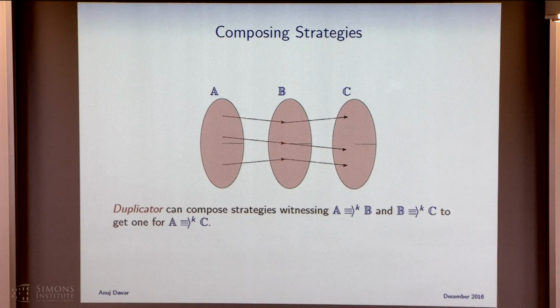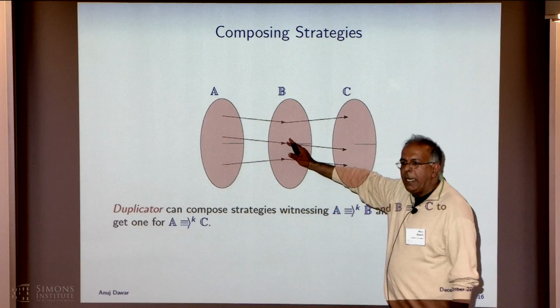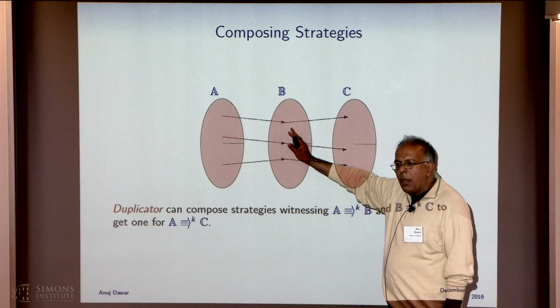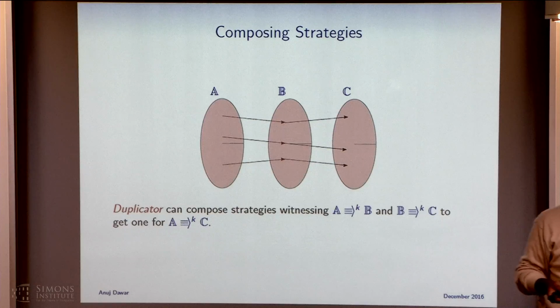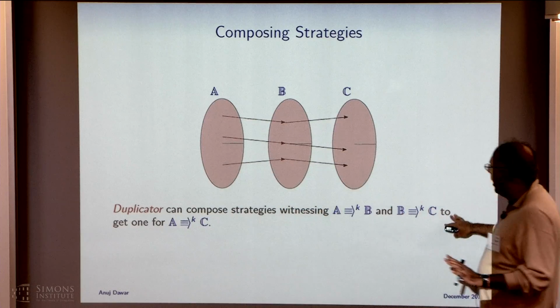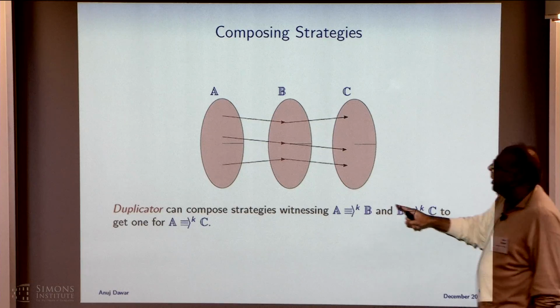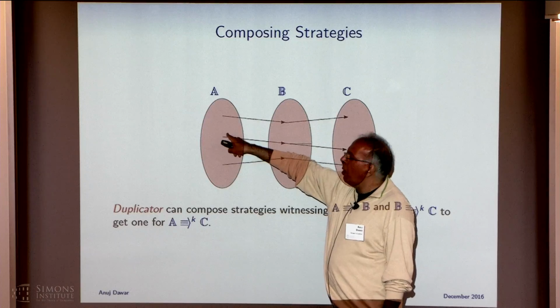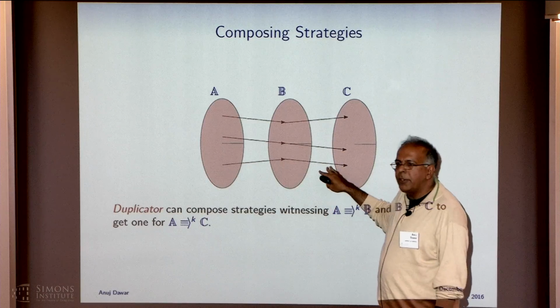Now, we can think of composing strategies. So if duplicator has a winning strategy between structures A and B, and a winning strategy between B and C, there's a natural way to compose these winning strategies, right, to get a strategy between A and C. Namely, we have a game between A and C. Duplicator knows winning strategies for both of these.